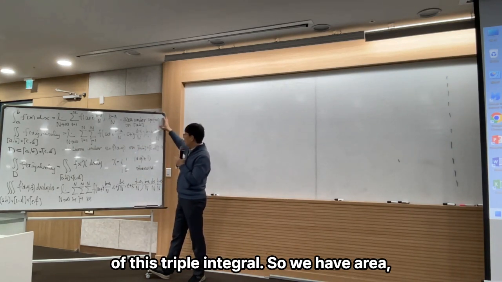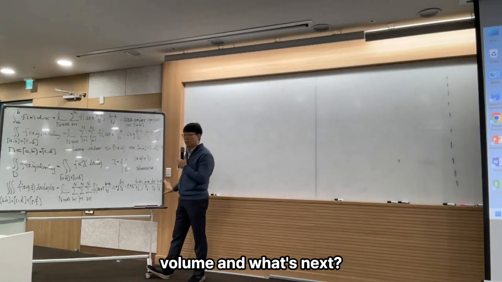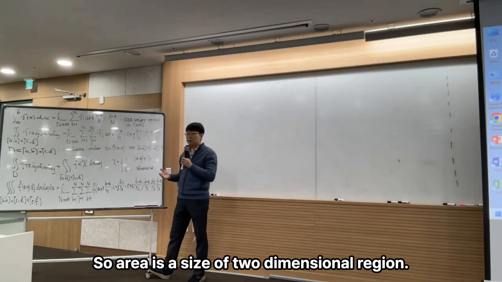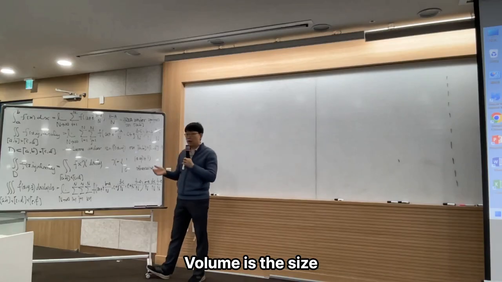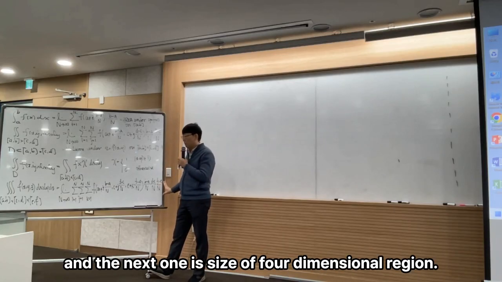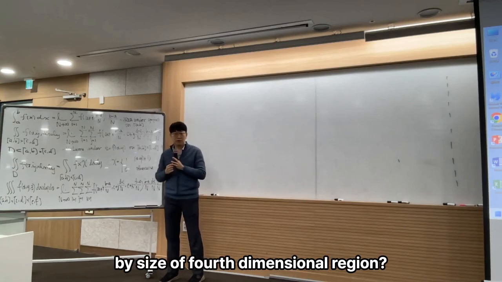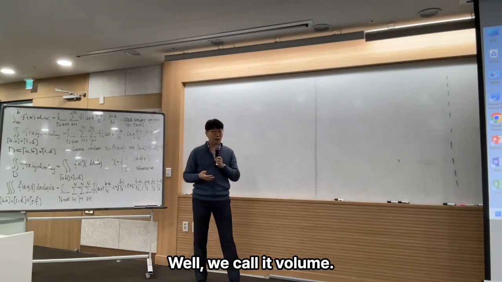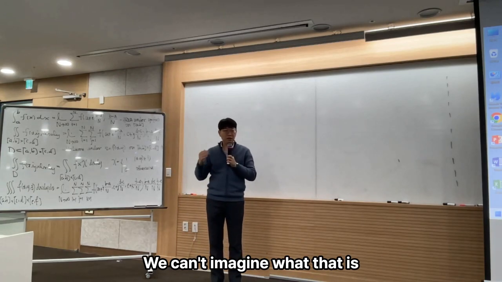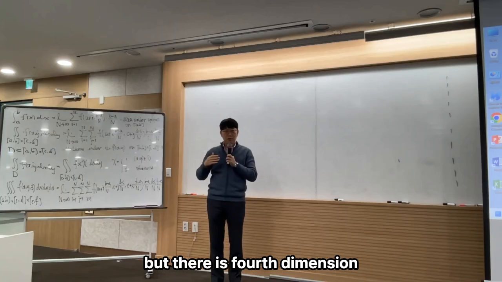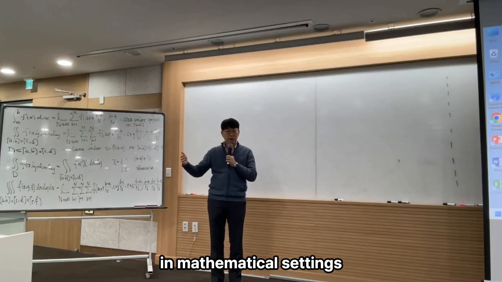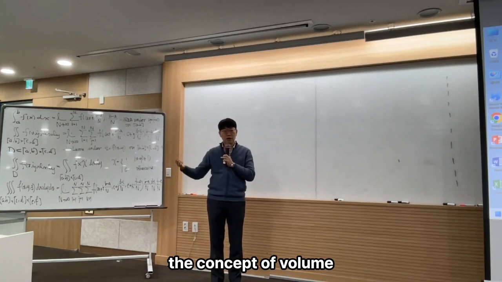We have area, volume, and what's next? Area is the size of a two-dimensional region, volume is the size of a three-dimensional region, and the next one is the size of a four-dimensional region. What do we mean by size of a four-dimensional region? Well, we call it volume. We can imagine what that is, because although we're not living in the fourth dimension, there is a fourth dimension in mathematical settings, and there is the concept of volume.